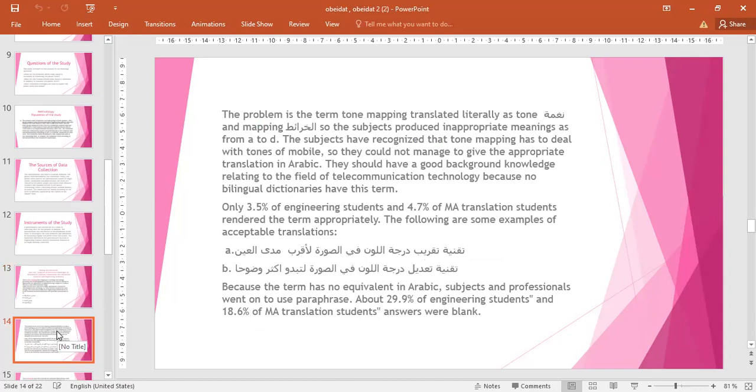The problem is the term tone mapping was translated literally as tone نغمة and mapping الخرائط. So the subjects produced inappropriate meanings, as in forms A to D.